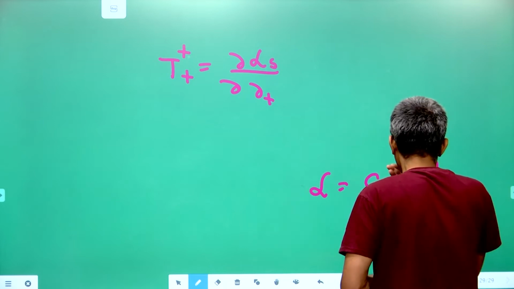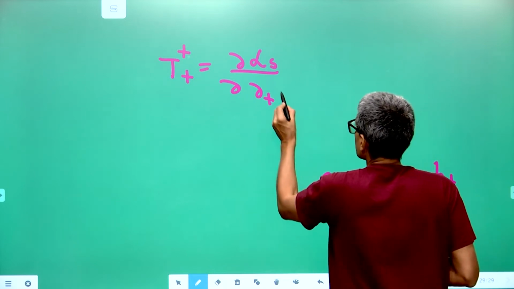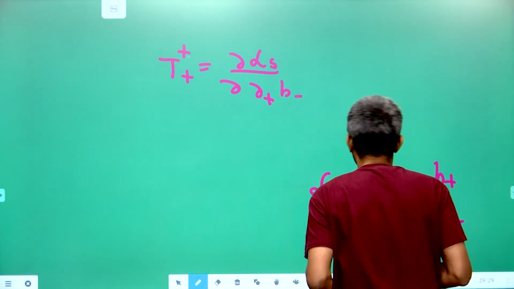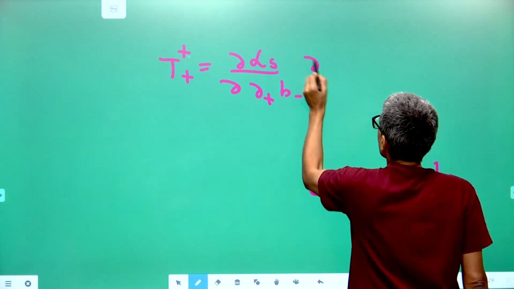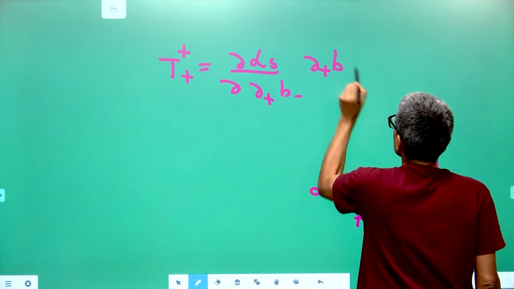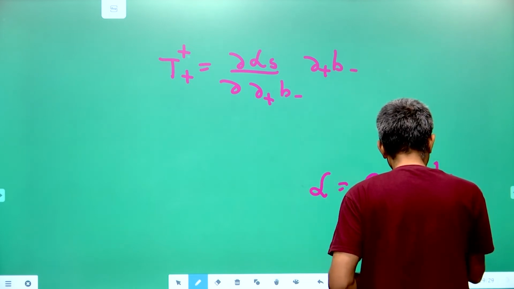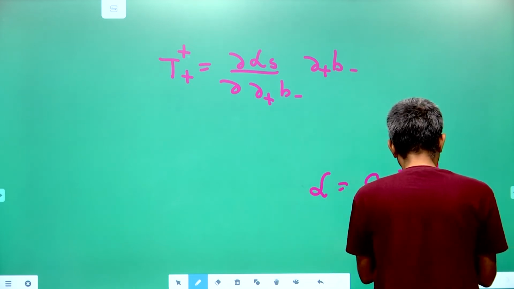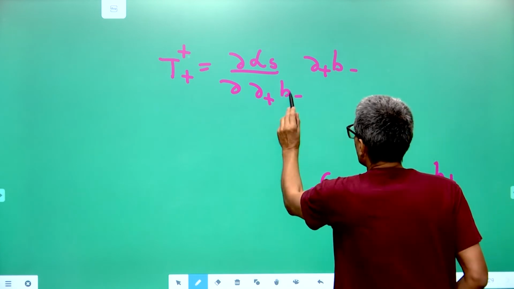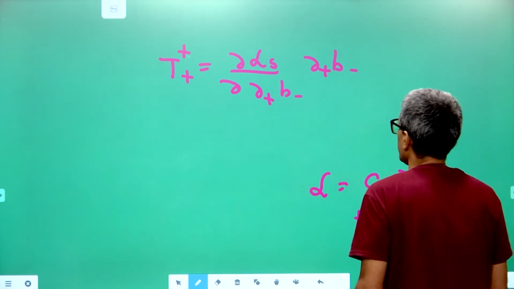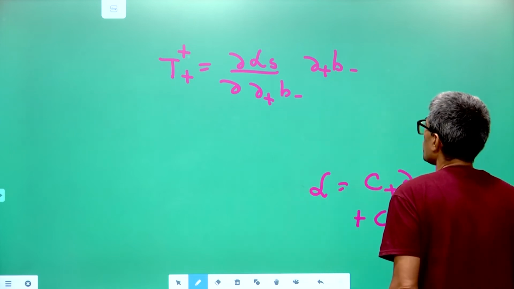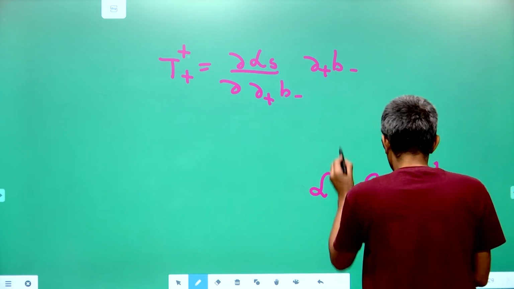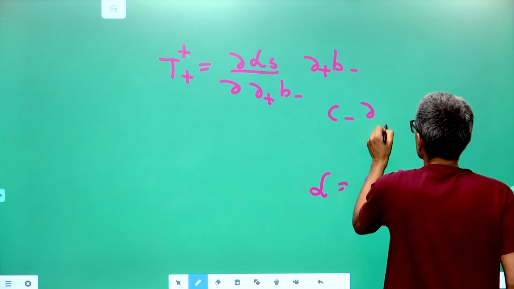So if you calculate dou plus B minus, this is the only term which contains the dou plus derivative. So what does this come out to be? This comes out to be equal to C minus dou plus B minus.